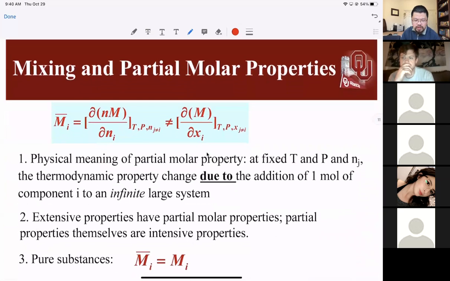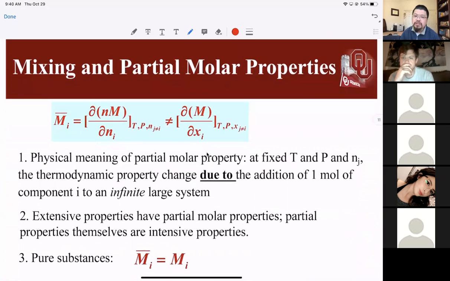And I want to also bring up this quite interesting note. This is a note you need to pay attention to. You can see that we often manipulate, moving from the number of moles to the mole fractions.